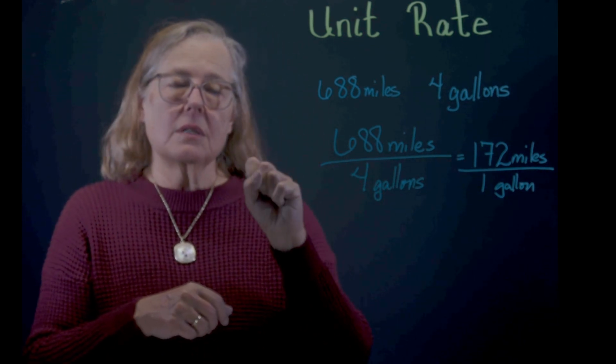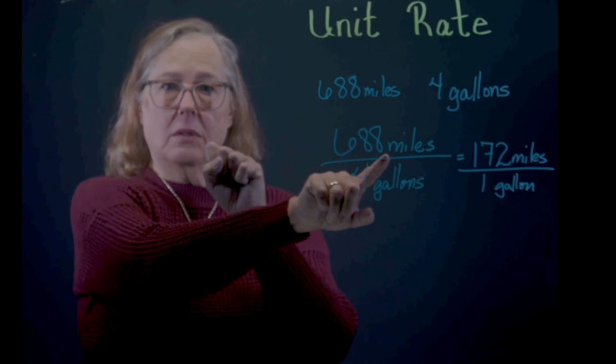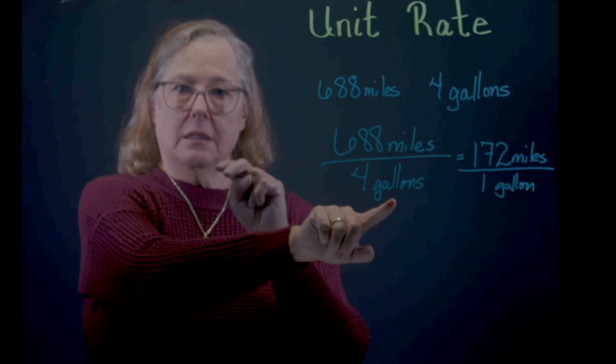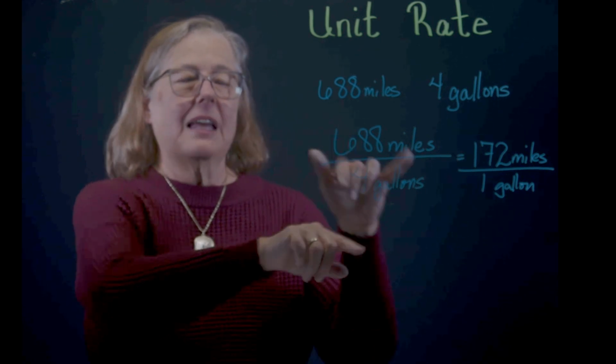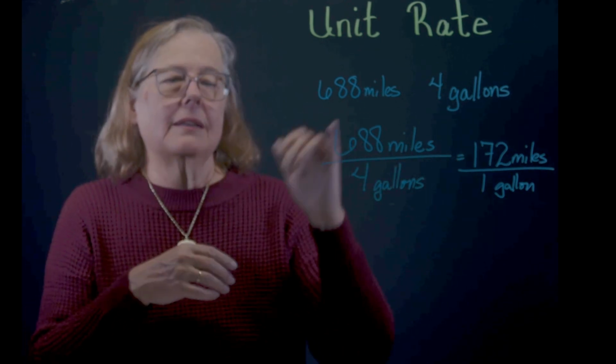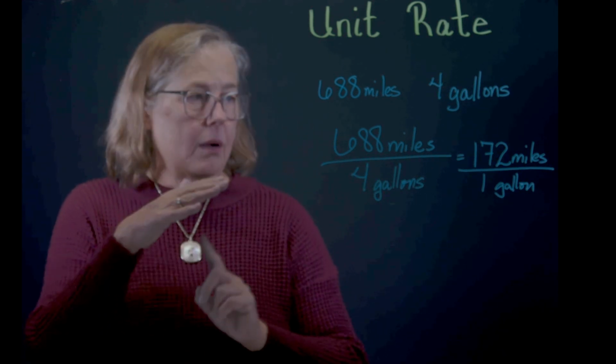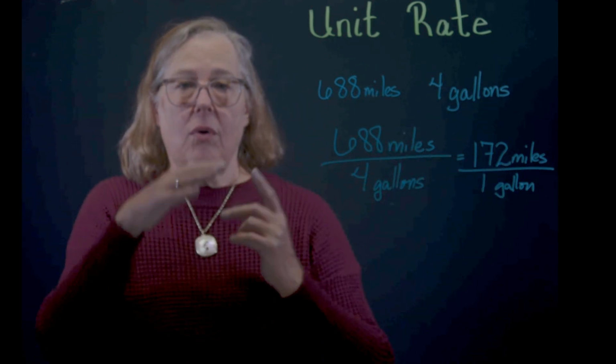It's pretty cool. So anyway, my units, what does that mean? The units here are miles and gallons. That's the definition. It's the explanation. What do the numbers mean? So for unit rate, we always have a 1 on the bottom.